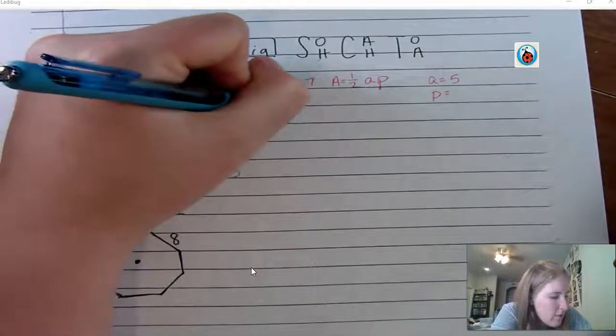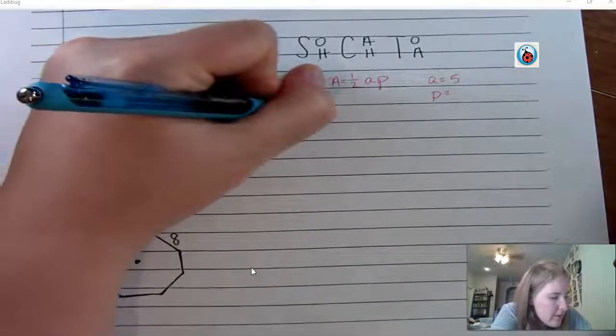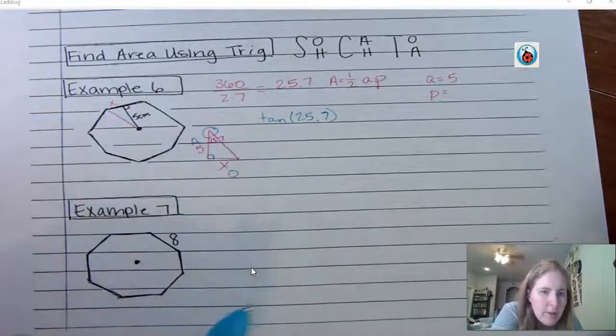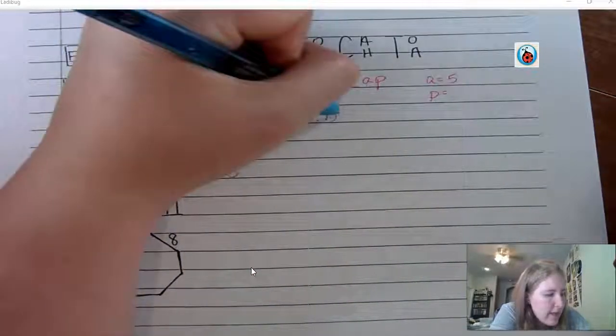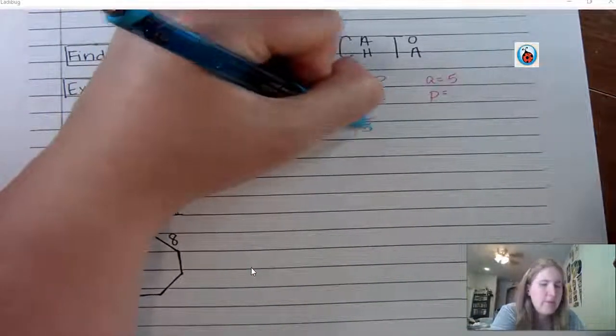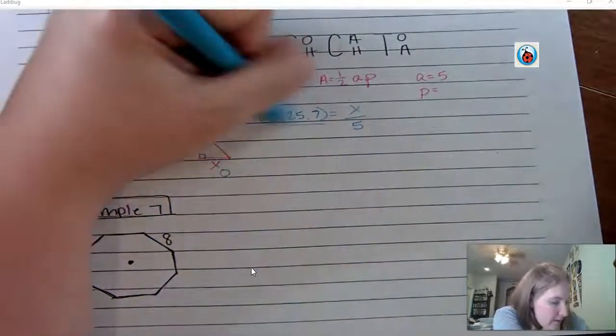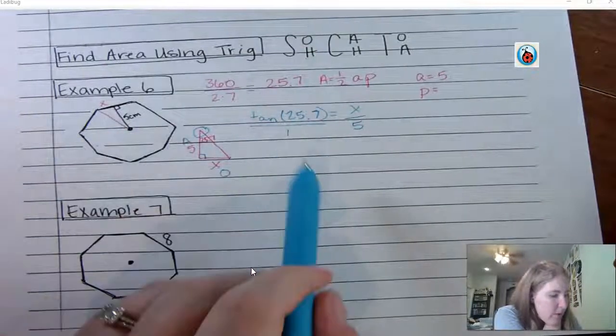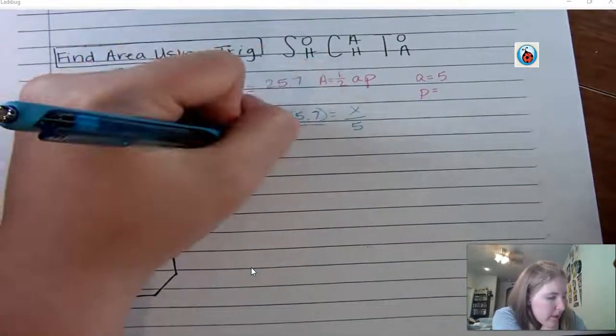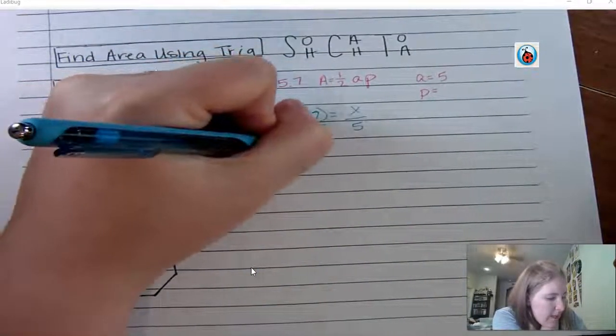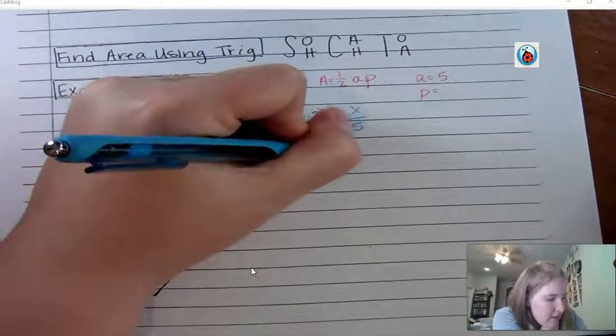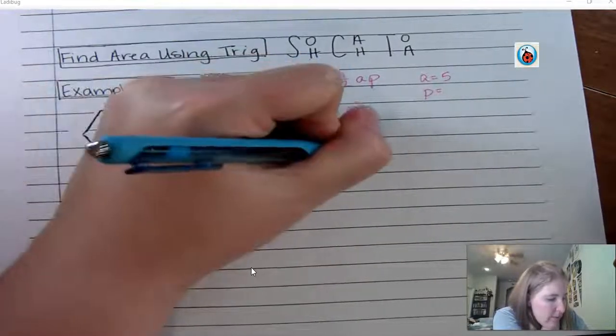So tangent of our angle, which is 25.7, we circled it right here, is equal to x over 5. And if you guys remember, when x is on top, you're going to multiply. So remember where we cross multiply, put a 1 under, and x equals 5 times tangent of 25.7.